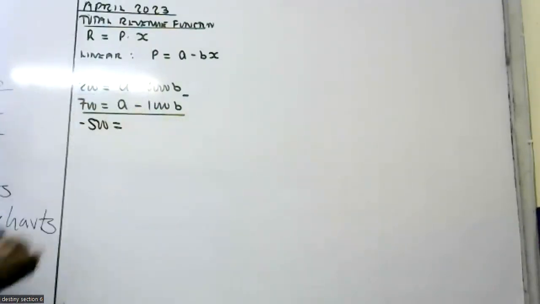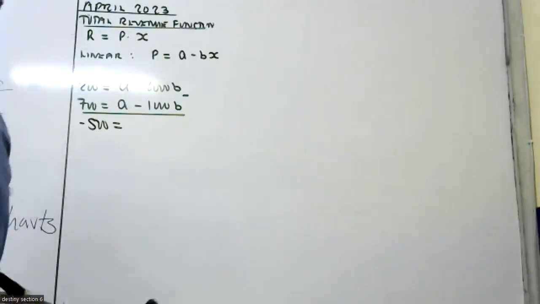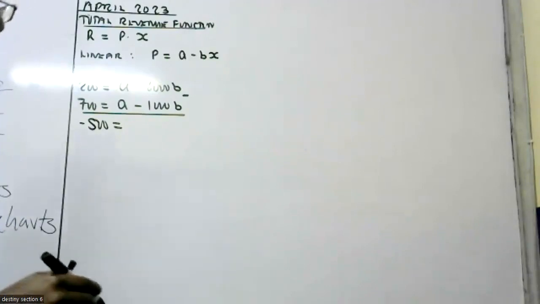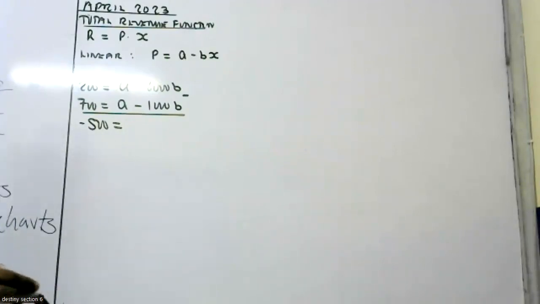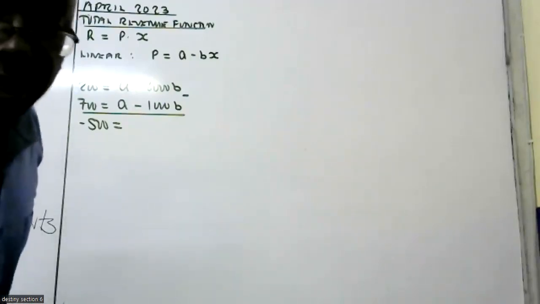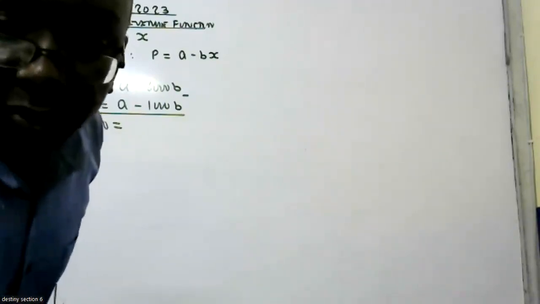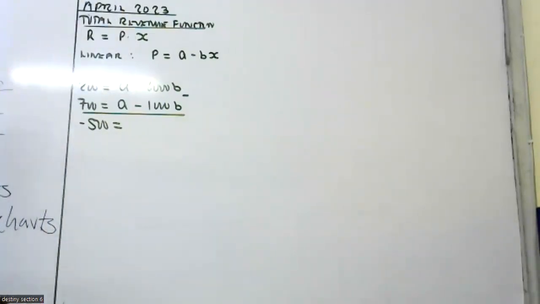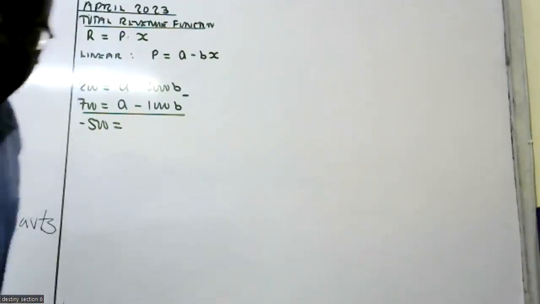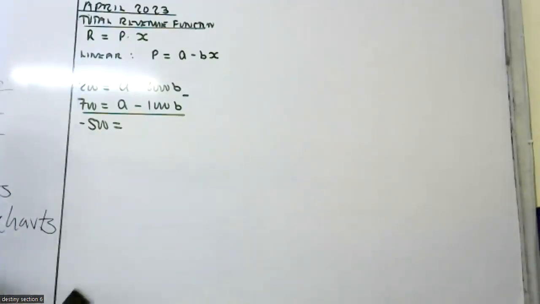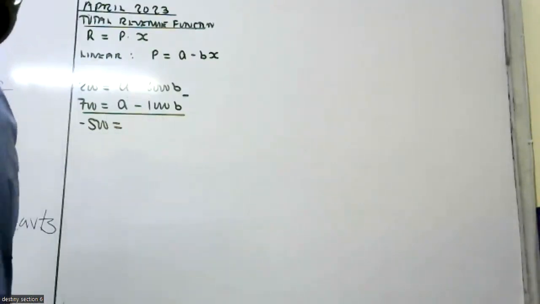And then 6,000 minus 1,000, that gives us what? Are you sure, George? Someone else? Minus 6,000 minus 1,000.